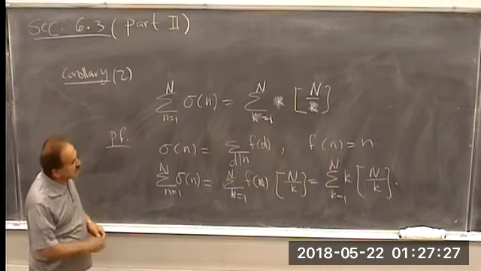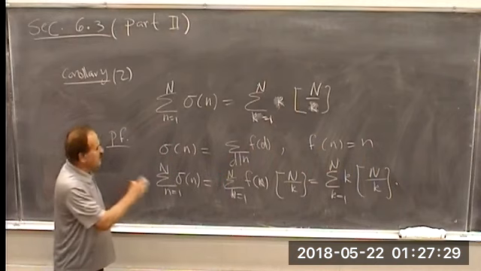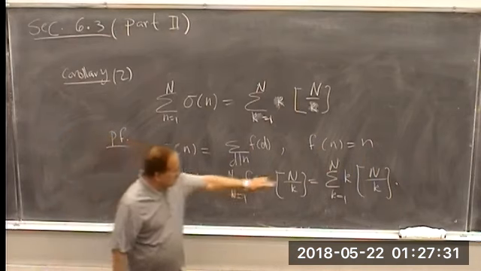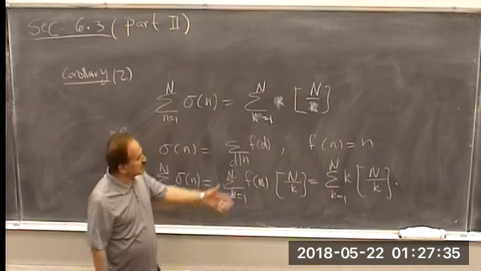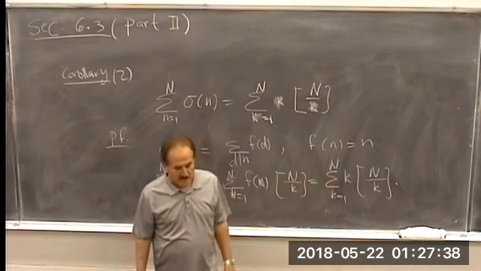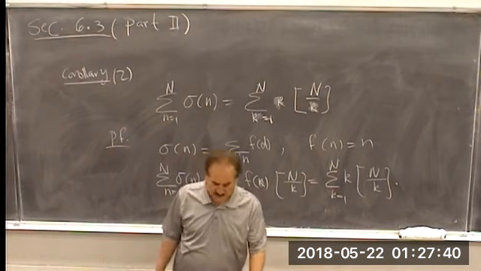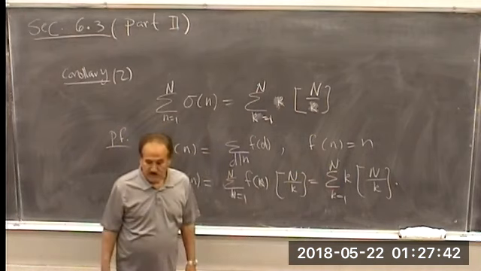All right, so this is the summation of the sum of the divisors. It can be calculated using just this regular sort of sum, without talking about divisors. So this is the significance of these two formulas.